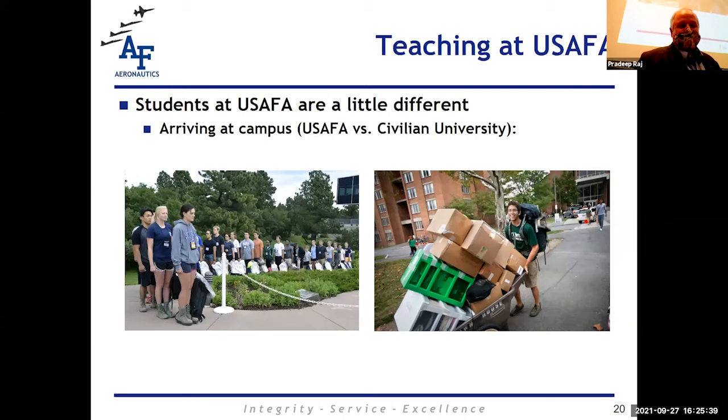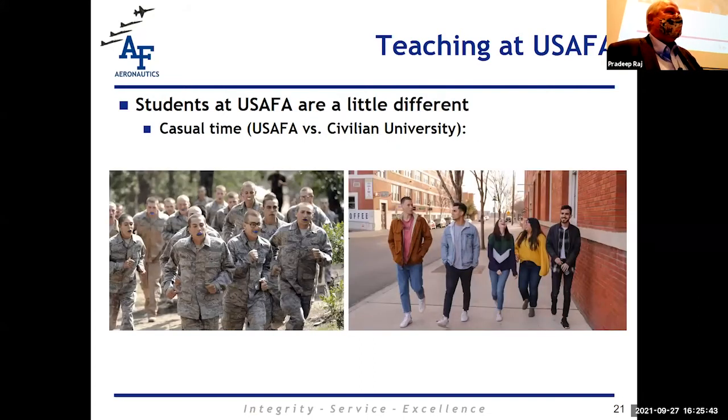Here's casual time differences between civilian universities and the academy. There's not a lot of casual time at the academy. So between their regular education, their military training, and their athletic training, they're pretty busy.